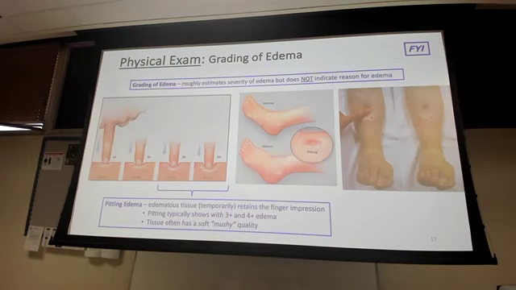Based off how long it stays and how deep it is, you can grade it. I'm not going to ask you how many millimeters deep grade 3 is. Just understand that if you get a scenario with a patient who has pitting edema, that means they have swelling. It doesn't tell you why they have swelling, what's causing that, but it just tells you there's some swelling going on in the body. Cool.